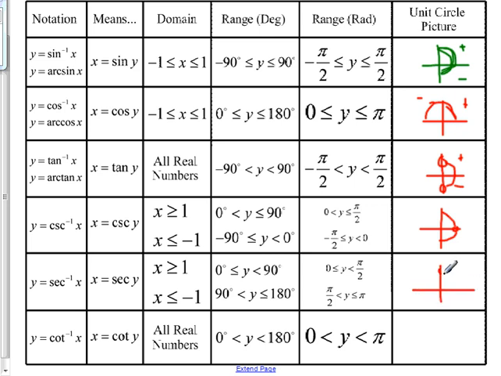Secant has a hole at 90. It looks like that. And then cotangent gives you angle measures as solutions in that range, where these are positives and these are negatives.